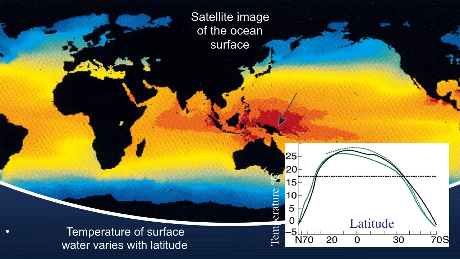So here's a satellite image of the surface of the ocean. And the hotter colors, so reds and oranges, are higher temperatures. The cooler colors, greens and blues, are cooler. I want you to think about the fact that most marine organisms are poikilothermic, or cold-blooded, you could say.